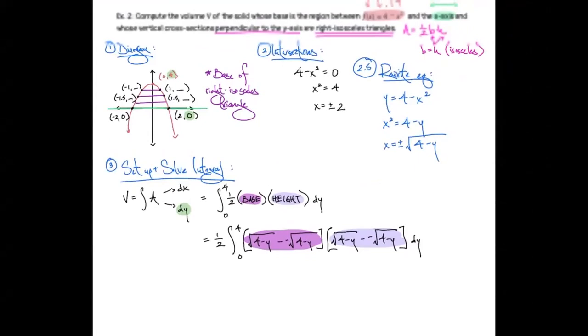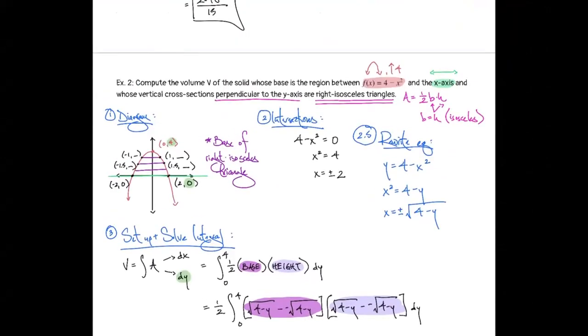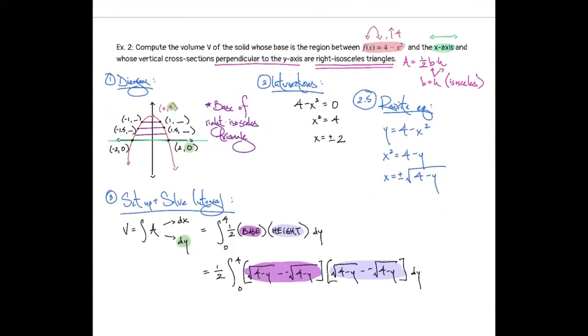So before we continue with the algebra and things, at this point we are primarily done with the setup. I want to pause here for a moment and see if there are any questions about how we got certain things or where things went or why we're making certain decisions.